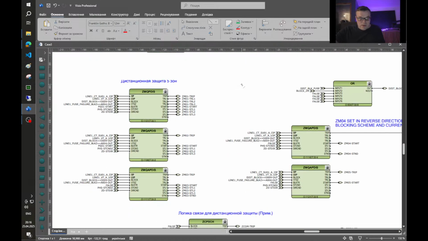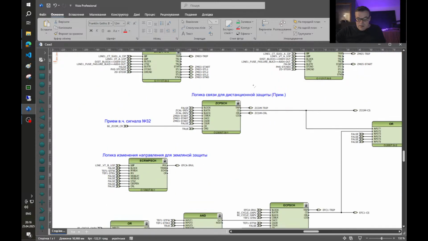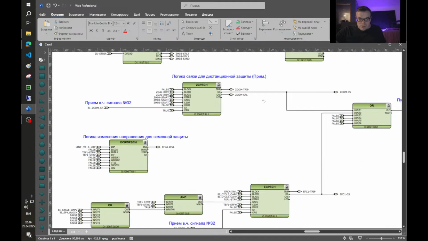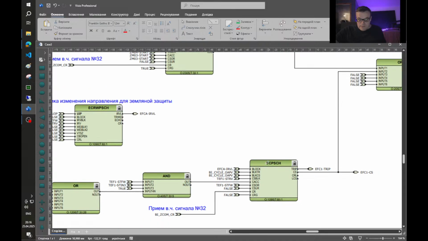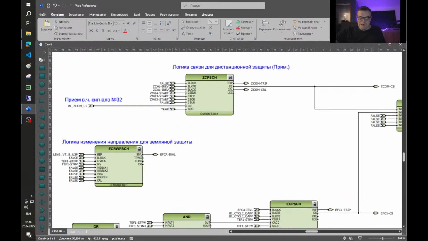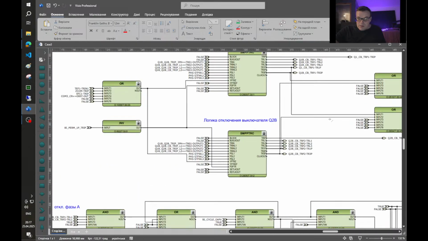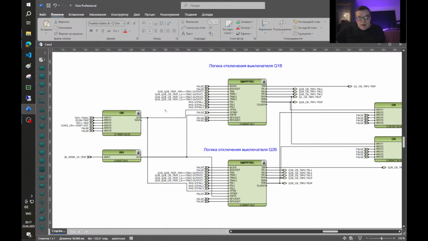If we look at the distance protection, it blocks only in case of voltage circuit failure. This is the communication logic, and for neutral overcurrent protection we also see these binary inputs that block this scheme, but distance protection is not blocked.